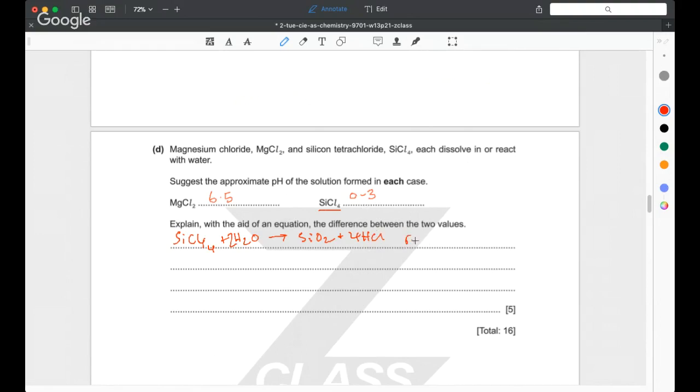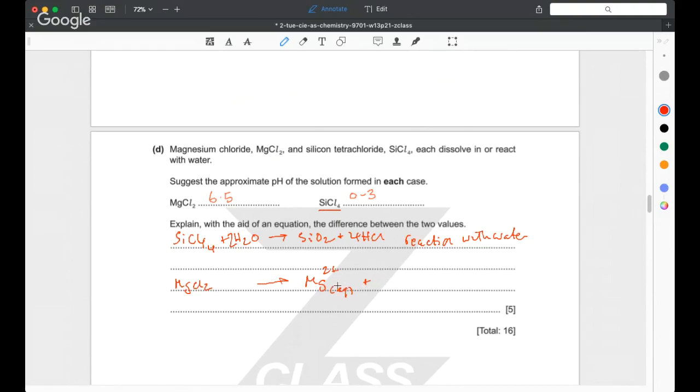That is a reaction with water. Whereas with magnesium chloride, when it dissolves in water, there's no reaction.